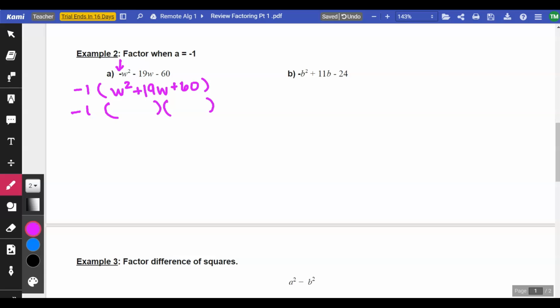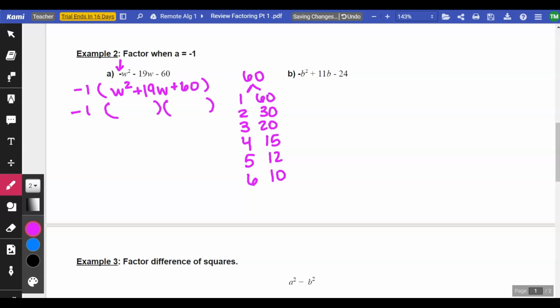So let's take C, which is 60, and let's find all the factors of C. 5 and 12, I think 6 and 10.